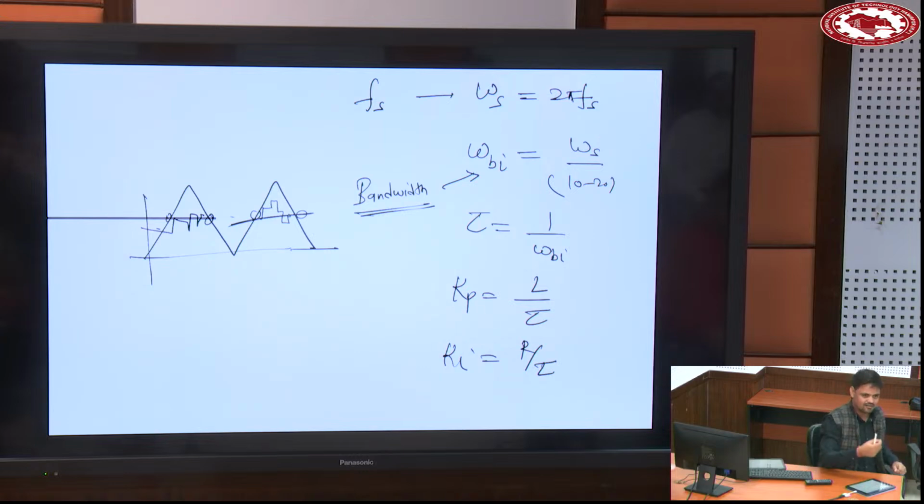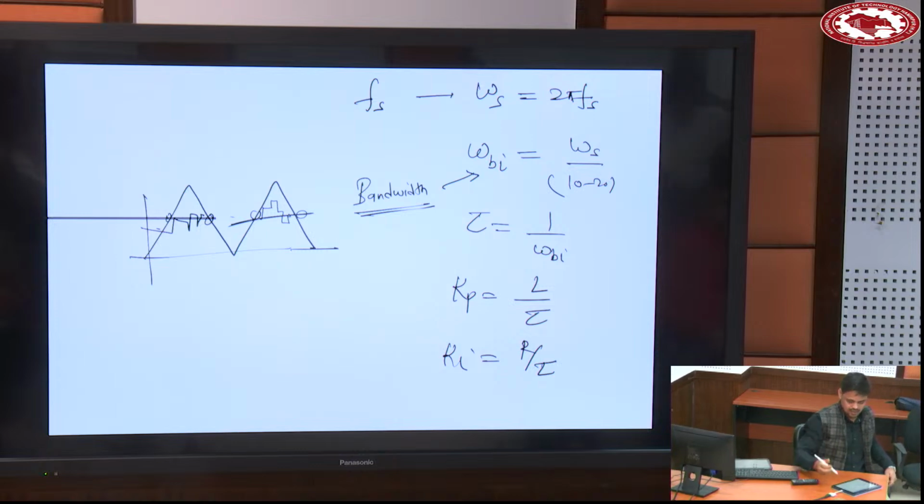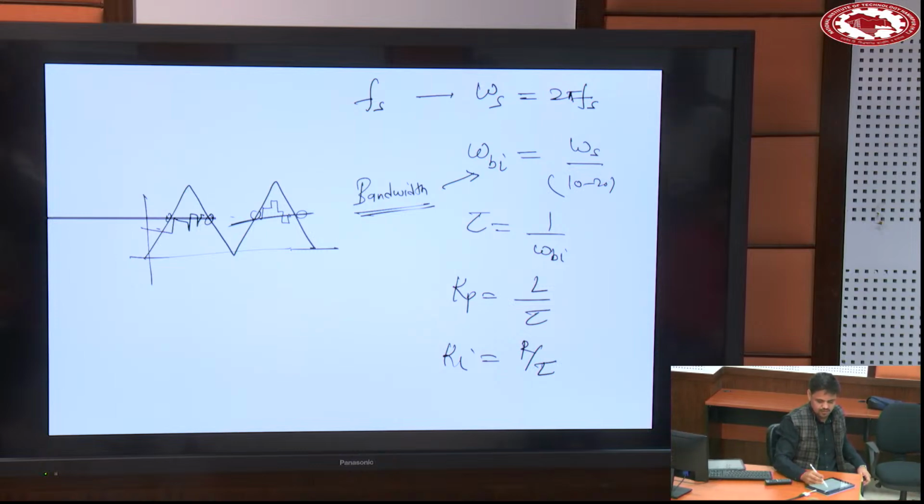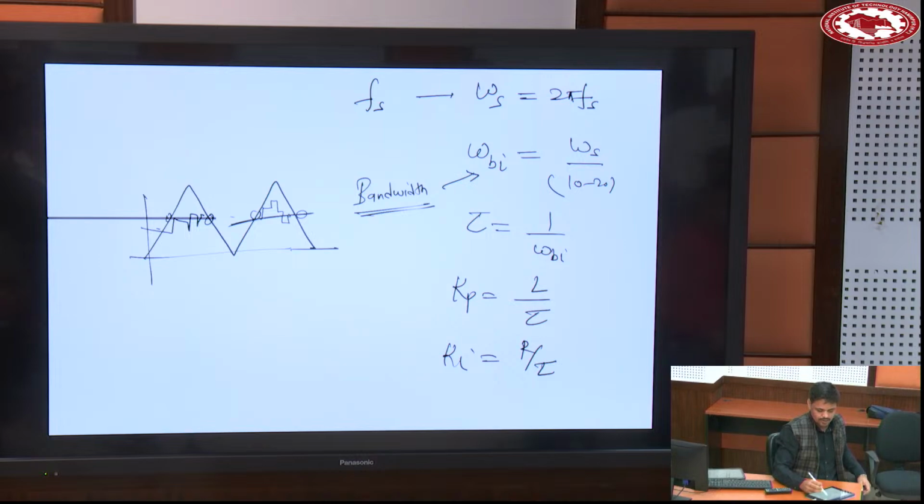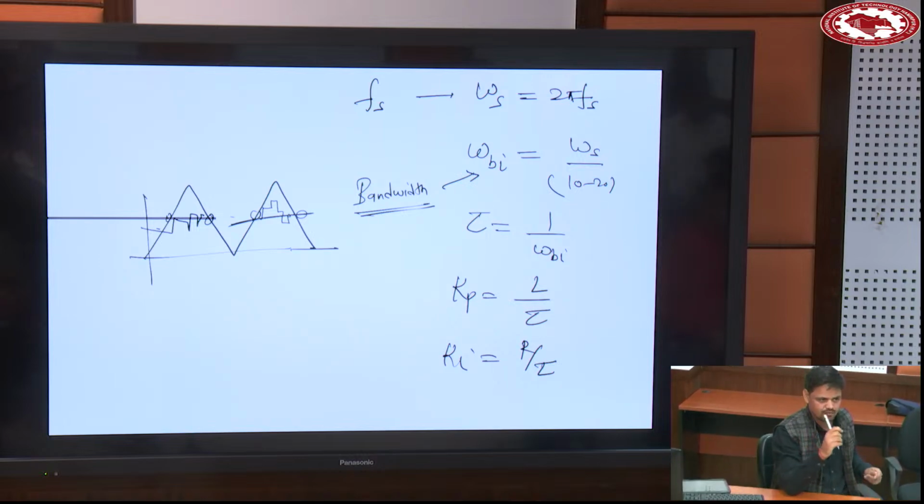So for effective decision, make the current controller 10 times, 20 times slower than its maximum speed, that is the switching frequency, so that whatever command change you make from this to this can be picked up by the control. Otherwise, if you make this very equivalent, omega bi equal to omega s, the control will not work properly.